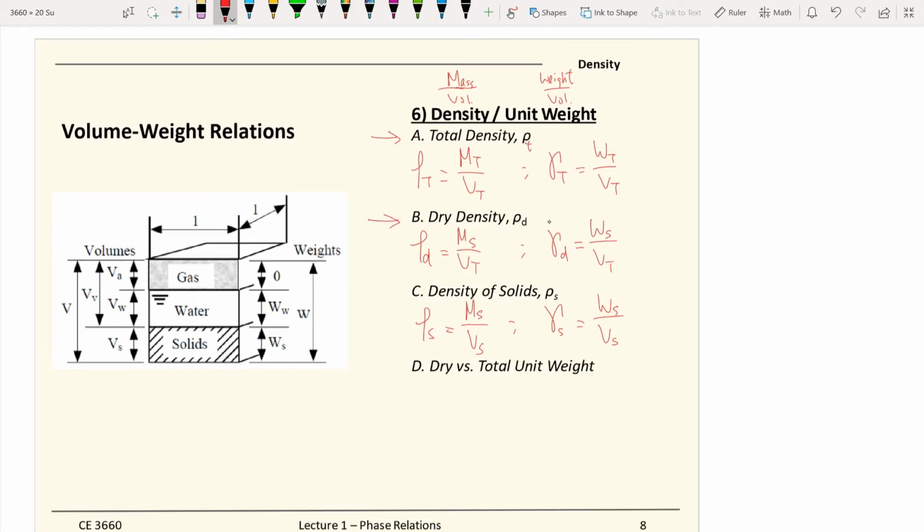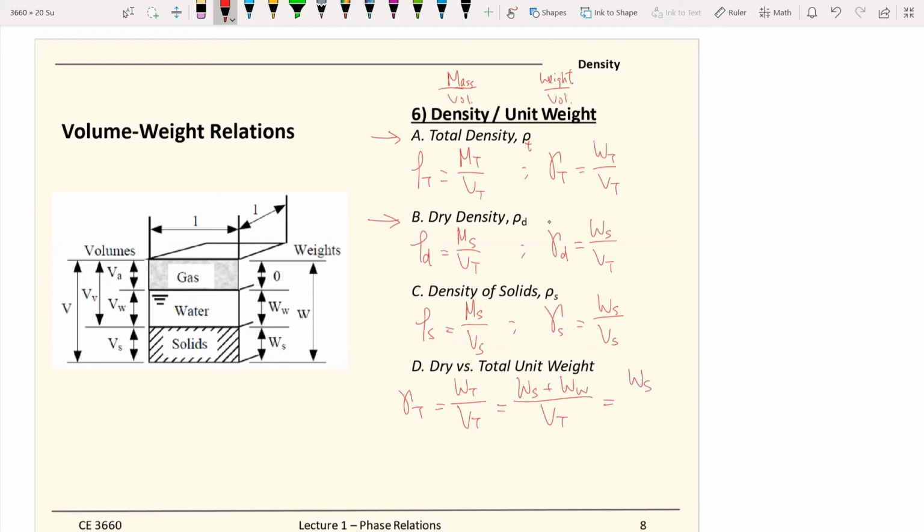So the total unit weight is equal to the total weight divided by the total volume, which equals the weight of solid plus the weight of water divided by the total volume.